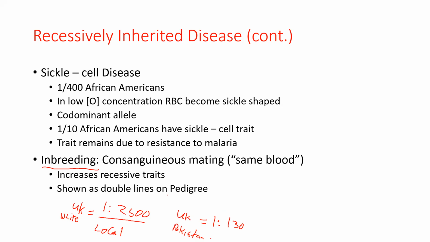When you have a small population, and you're only breeding amongst this very small population, what you're doing is you're amplifying the number of rare genes in the population, okay?